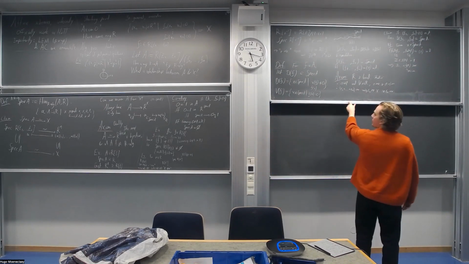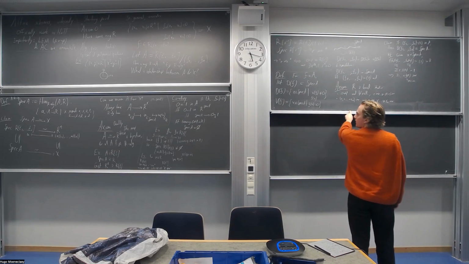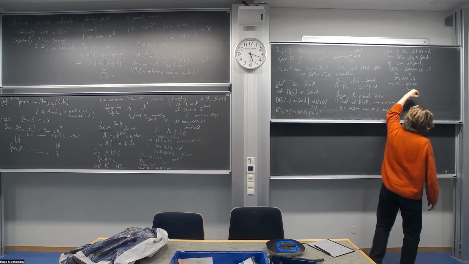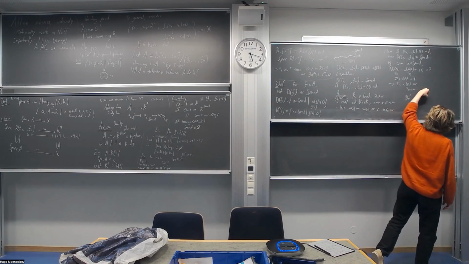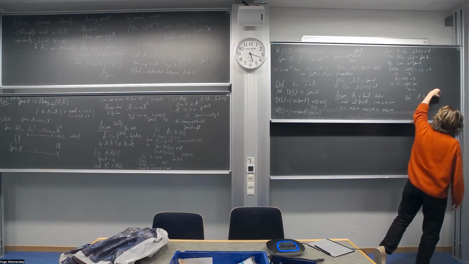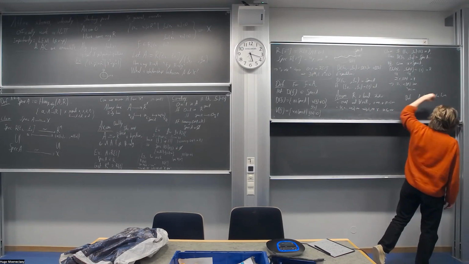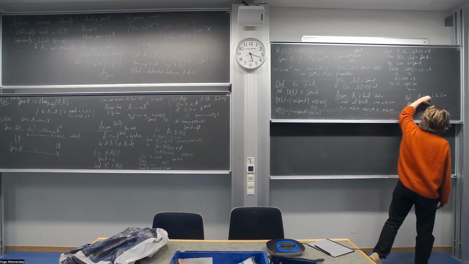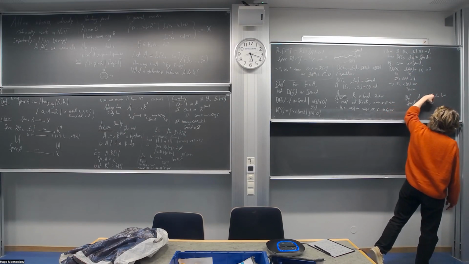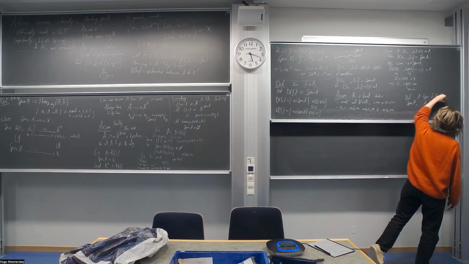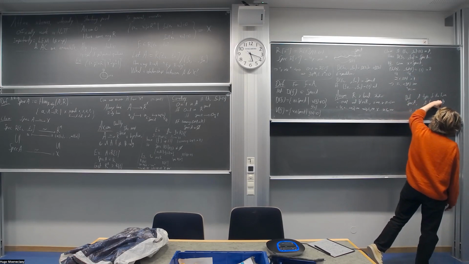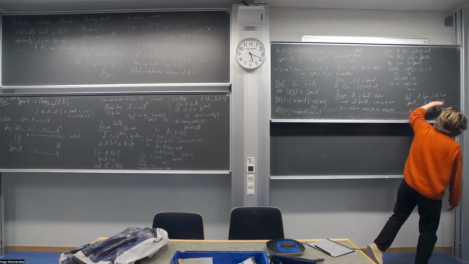affine schemes. I don't know if I ever said that the type of the form spec A with A a finitely presented R-algebra is called an affine scheme.